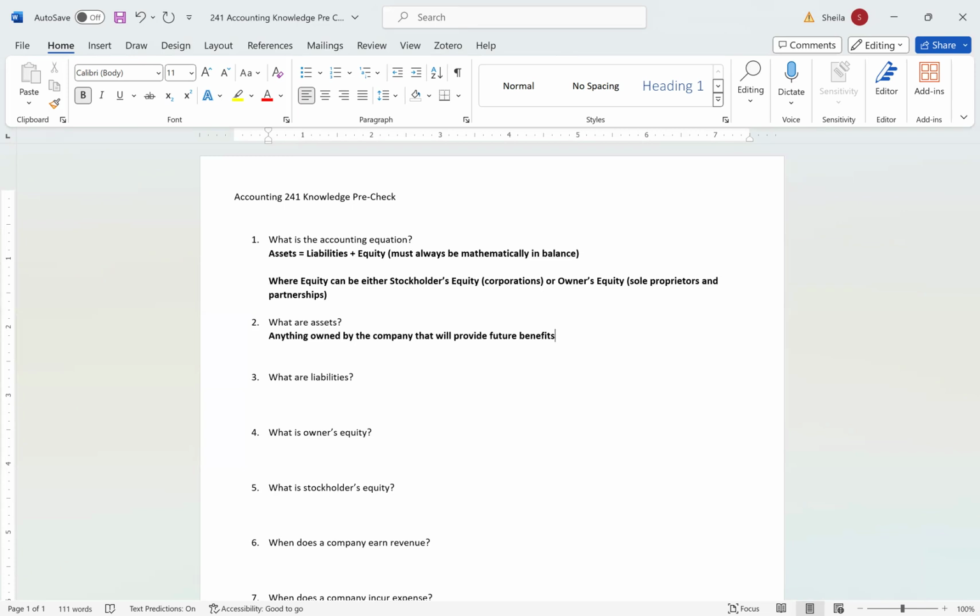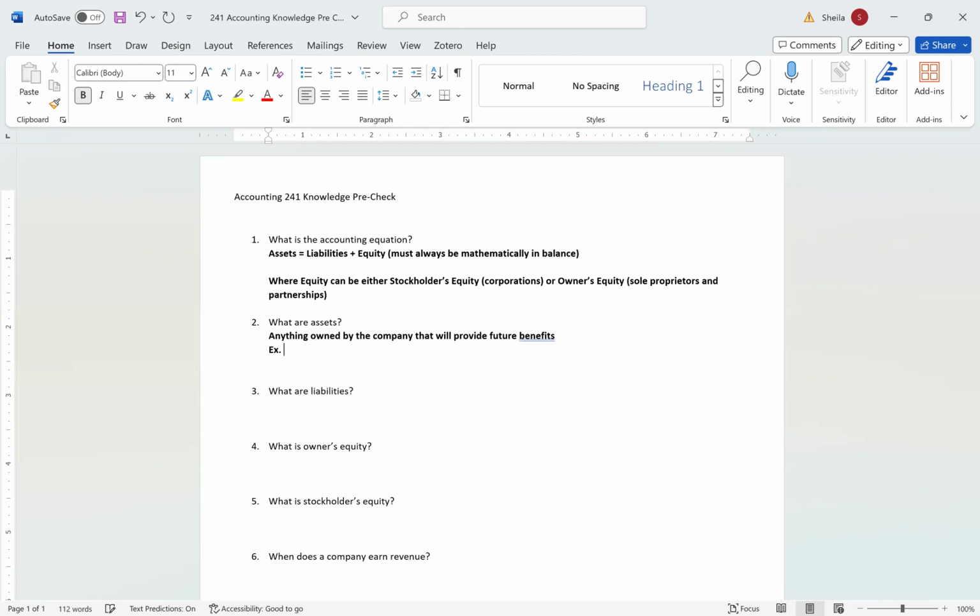This will help us record transactions. So, what are some examples of assets? These include cash, accounts receivable, inventory, supplies, and anything that's a prepaid asset. This could be insurance, rent, anything we pay in advance. The key is that it's going to provide the company with some benefit in the future.